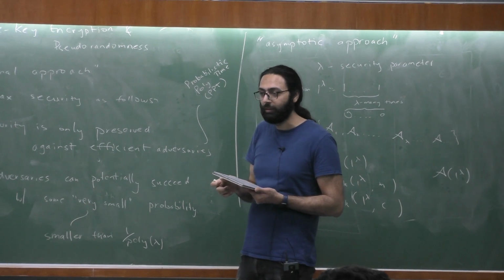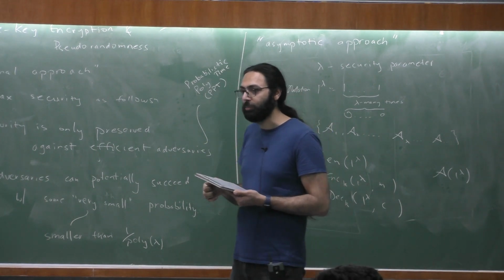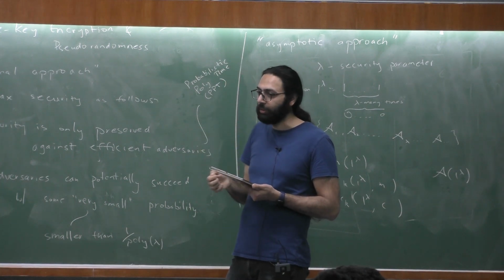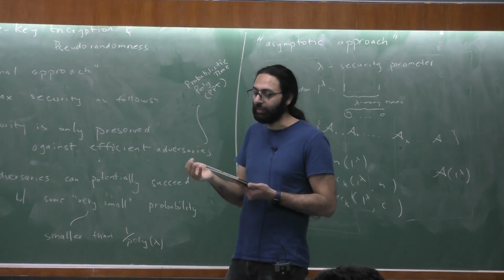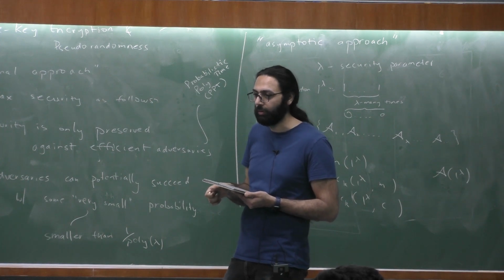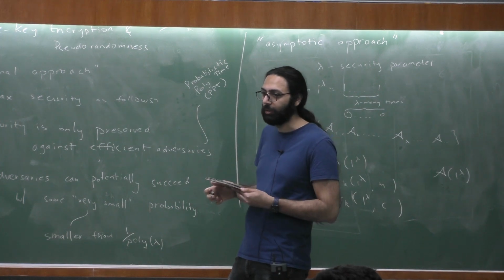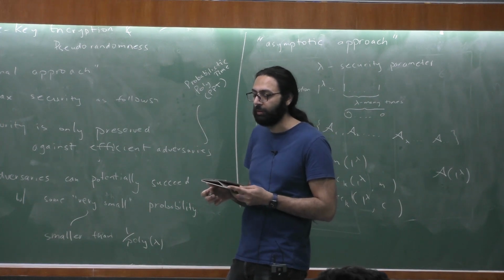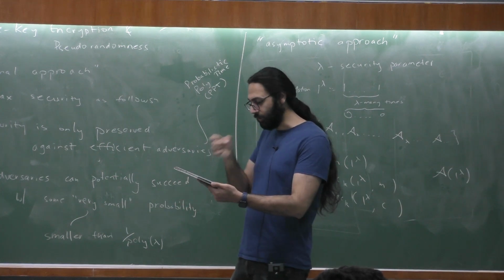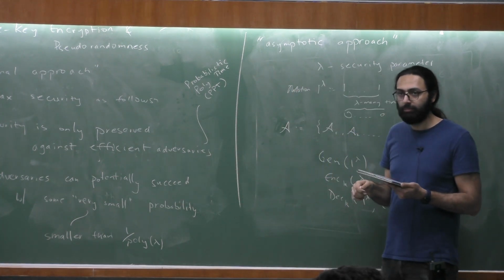So it's enough to take 1 by poly instead of exponential. You could take inverse exponential, that works, but it could be slightly bigger than inverse exponential, and you would still not be able to have the event happen with any meaningful probability in real life. But there is a gap between inverse exponential and 1 by poly, yeah. I was going to give you some examples. Okay? All good?